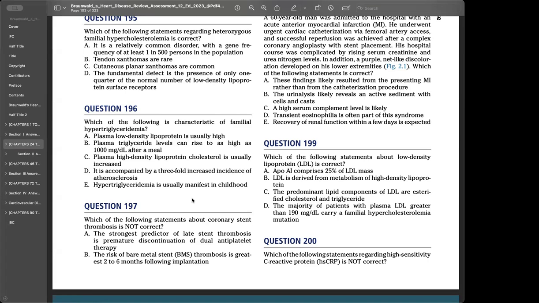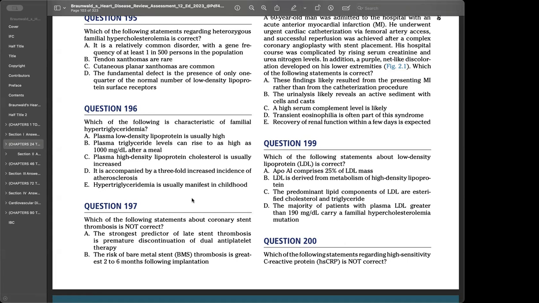The strongest predictor for stent thrombosis is premature discontinuation of antiplatelet therapy. Other predictors include placing the stent in a small vessel, using a long stent, overlapping stents, multiple lesions, ostial bifurcation, renal failure, or low ejection fraction.